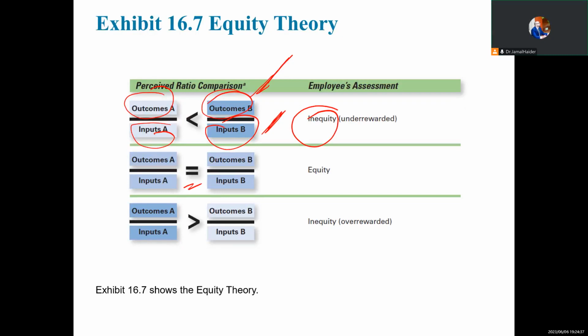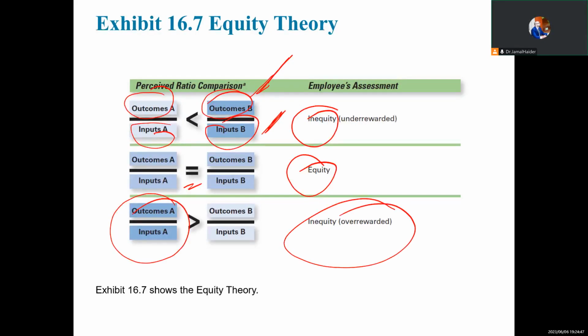If both are equal, you are on the equity side, and if others have a greater ratio, then over rewarded. Okay, you are being paid more than the others, it means you are over rewarded, then you stay with the organization, right?